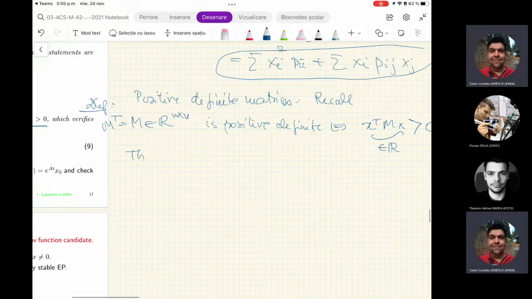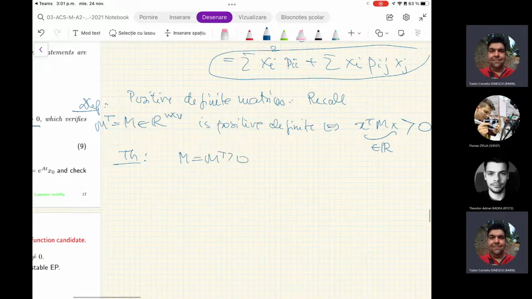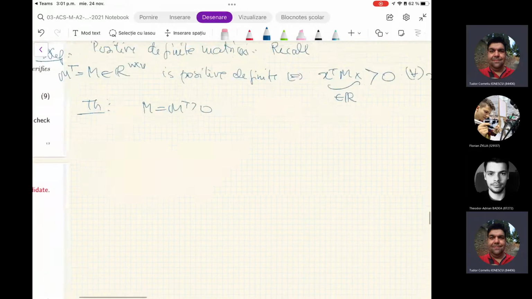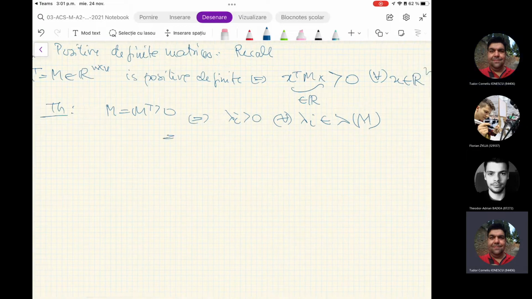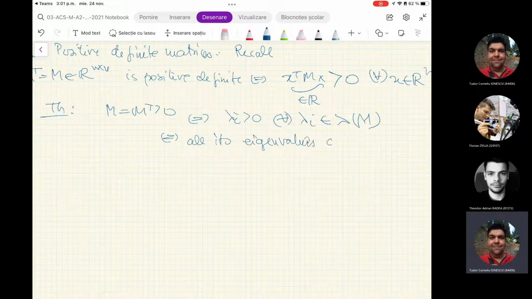And the characterization theorem: M is positive definite if and only if lambda i are positive for all lambda i in the spectrum of the matrix M. So all its eigenvalues are positive.